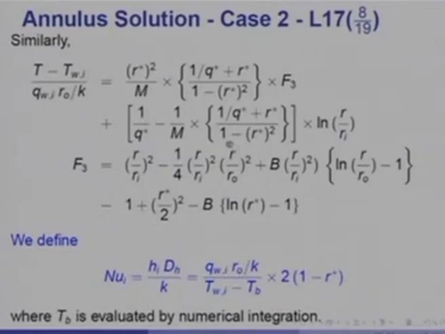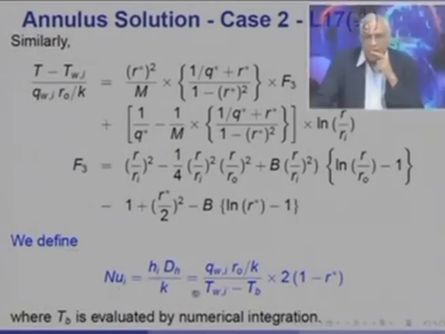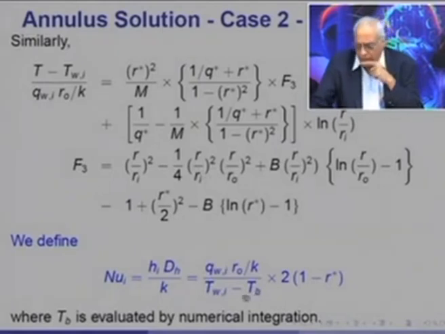Mind you, these expressions take quite a bit of algebra to arrive at. And again, in this particular case, I will define Nu I equal to H I dH by K equal to Q wall I R O by K divided by T wall I minus T bulk, into 2 into 1 minus R star. Again, using this temperature profile, I must evaluate T bulk, which is required here, by numerical integration.